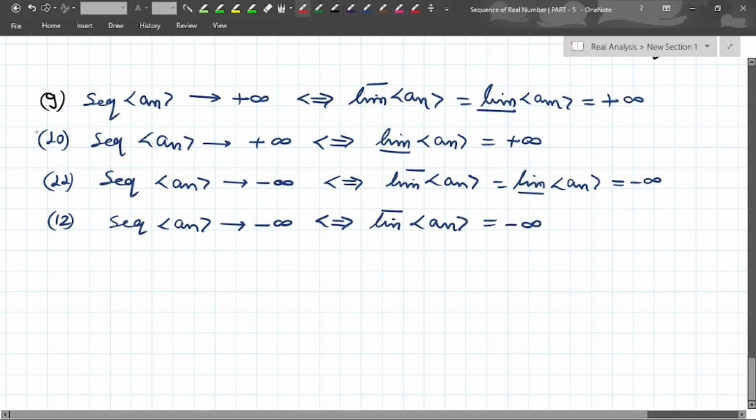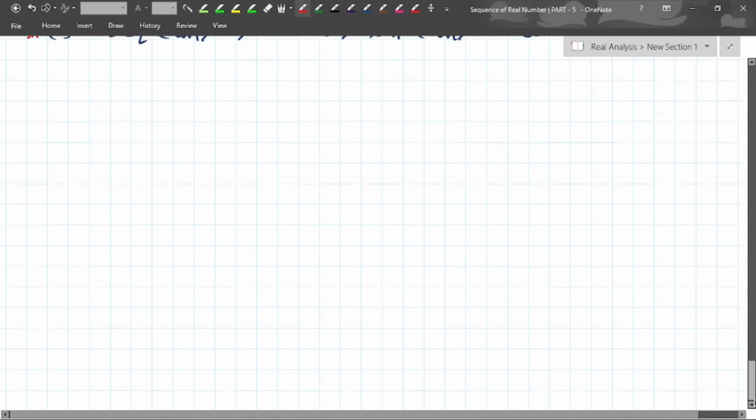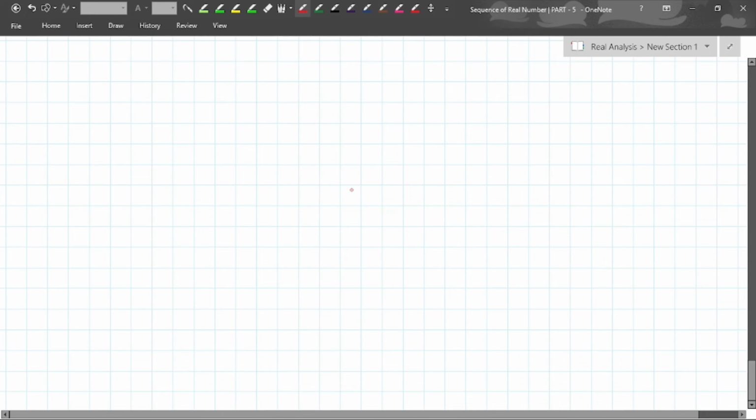This is one of the important ones. See this result and this result. Whenever it goes to positive infinity, it implies that the limit infimum is going to positive infinity, and here the limit supremum is going to minus infinity. This is the important result you can take.